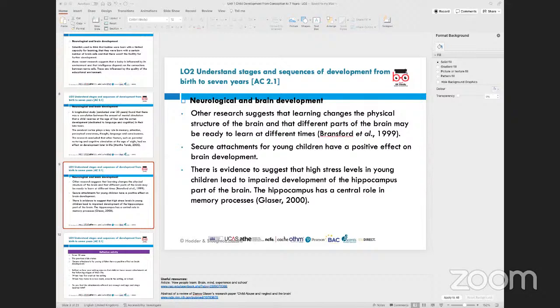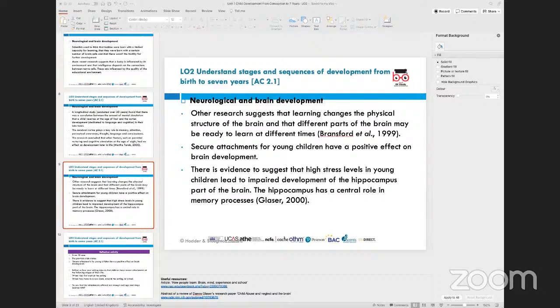And here is where Vygotsky's theory comes into play, because his theory, when we talk about neurological and brain development at the age of 0 to 7, proposes that it's very crucial, and a very rapid process which happens in the child's brain.